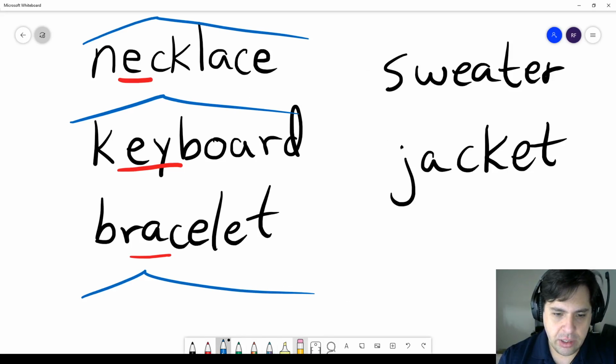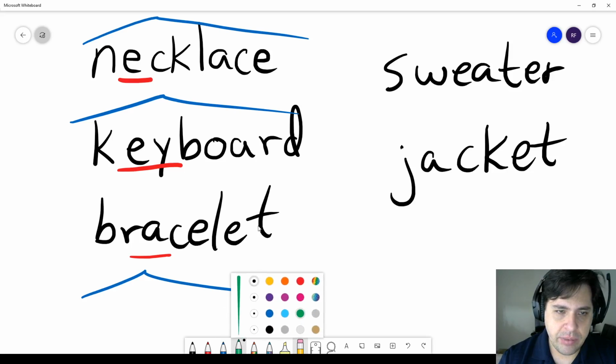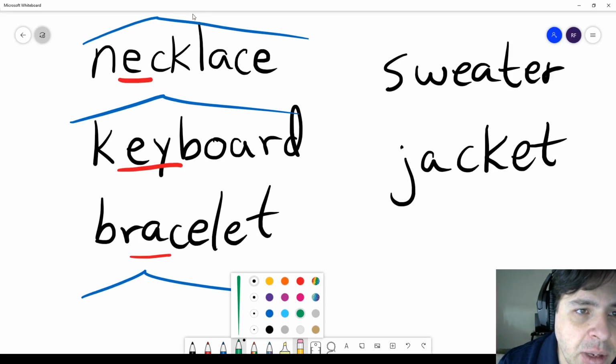One of the little tricks that we can do also is to try, and this works with bigger words, but we can try and split this up into syllables.